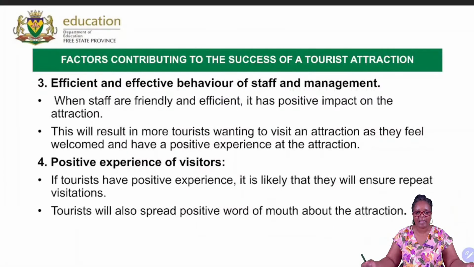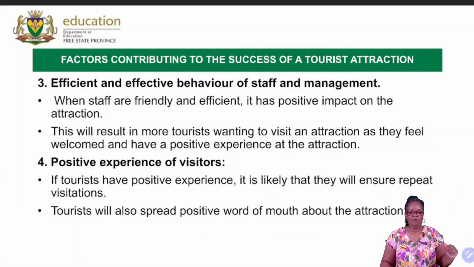So they'll spread the word out there about this attraction, about the type of behavior of the employees. They'll tell them about the service that they got from this attraction. Let's go back to our first factor, whereby we talk about excellent marketing.